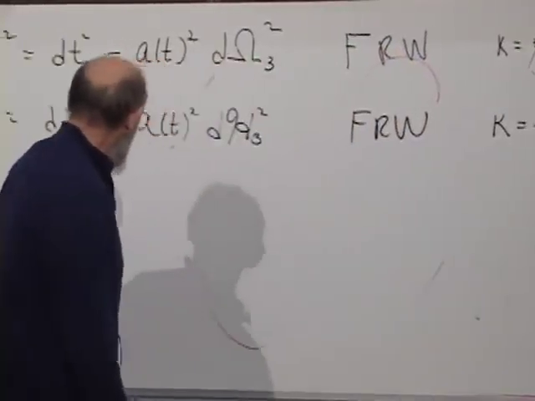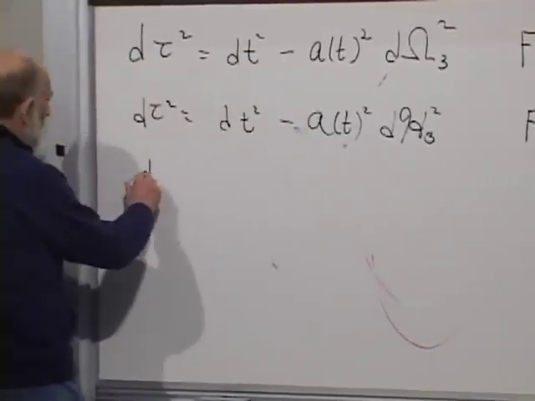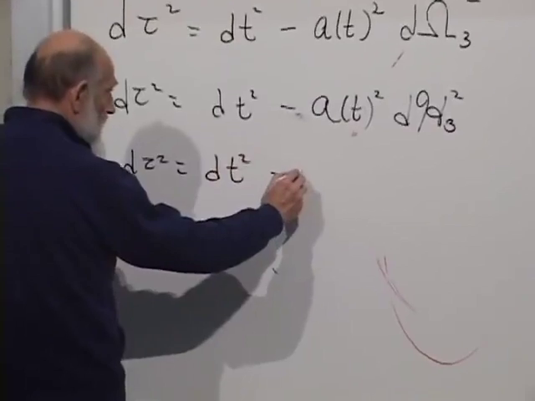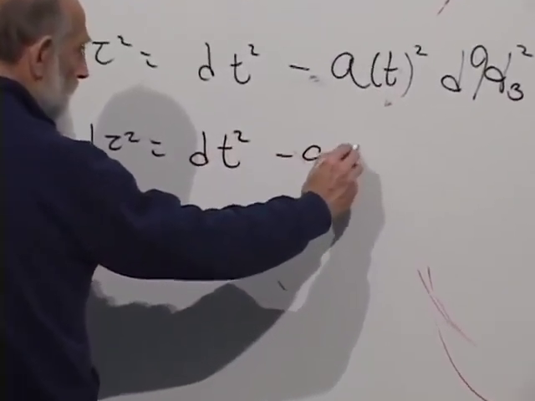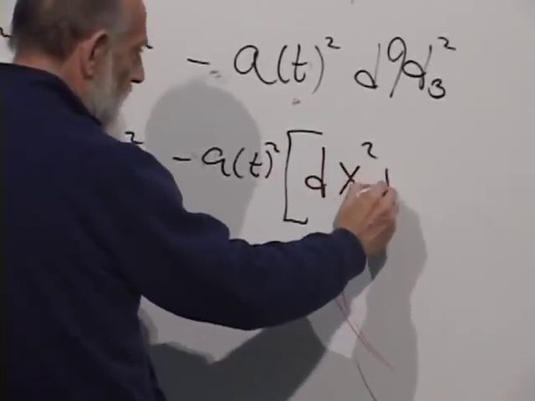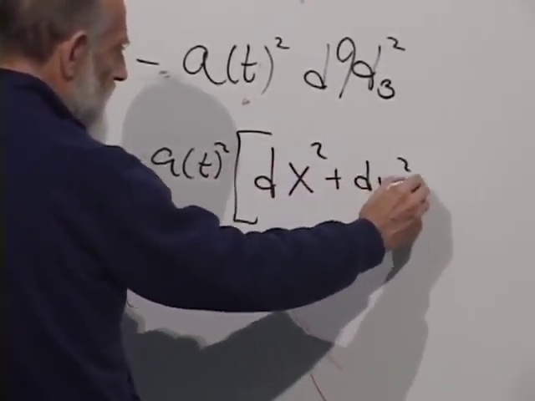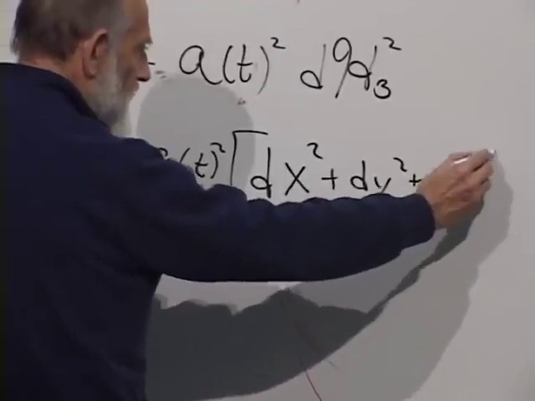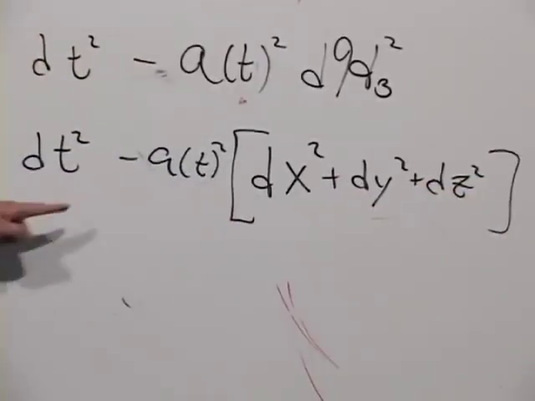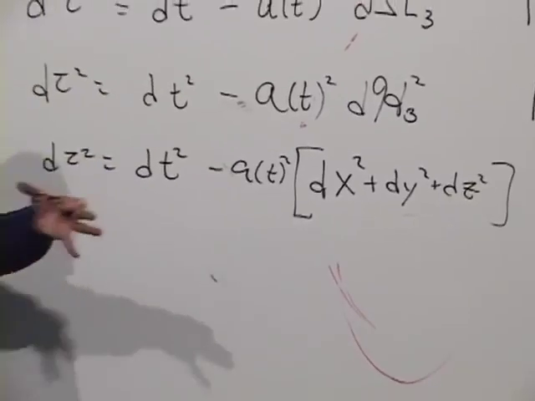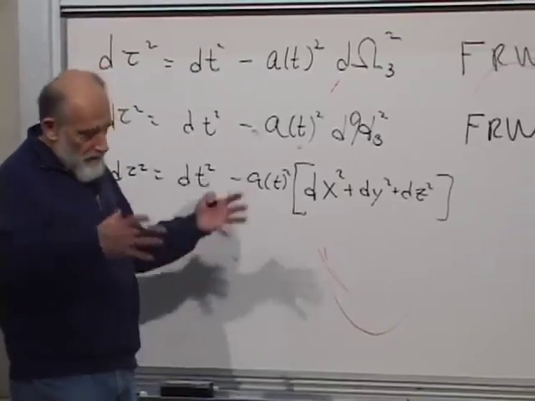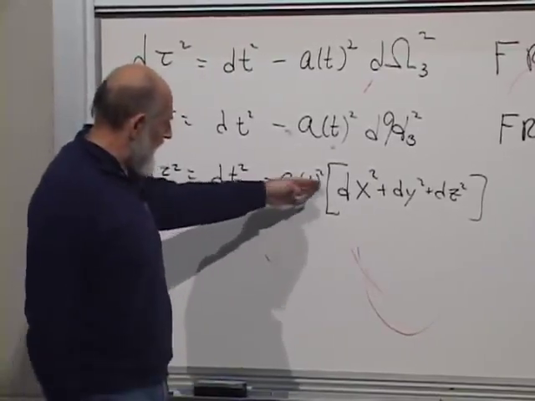Just flat space. For that, d tau squared is just equal to dt squared minus a of t squared times dx squared plus dy squared plus dz squared. Good old flat space. Ordinary flat Euclidean space. This, though, representing the tendency for things to separate, so to speak.